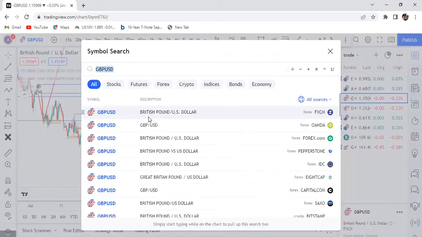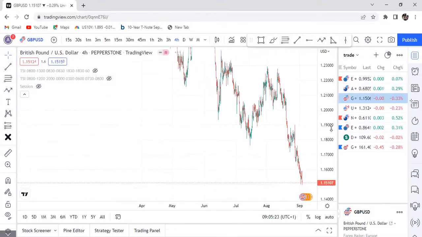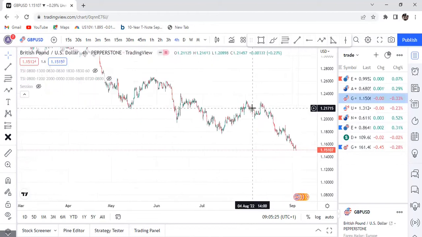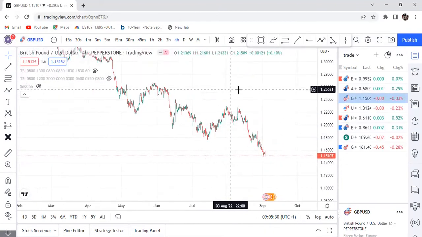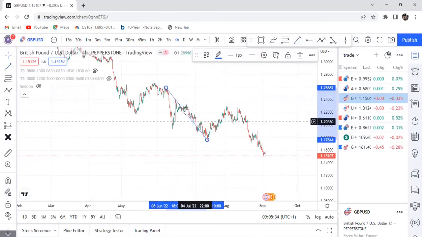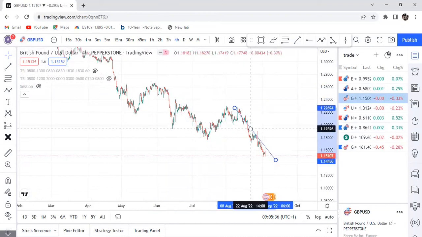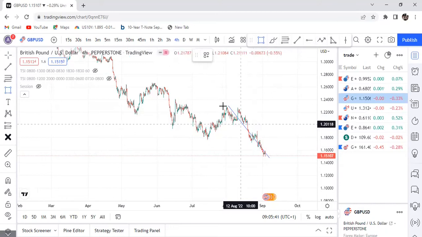Looking at GU, okay, so I'll probably use this one, two, it's at the area.